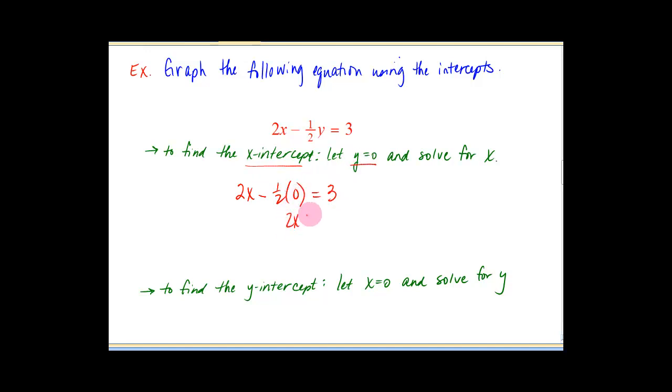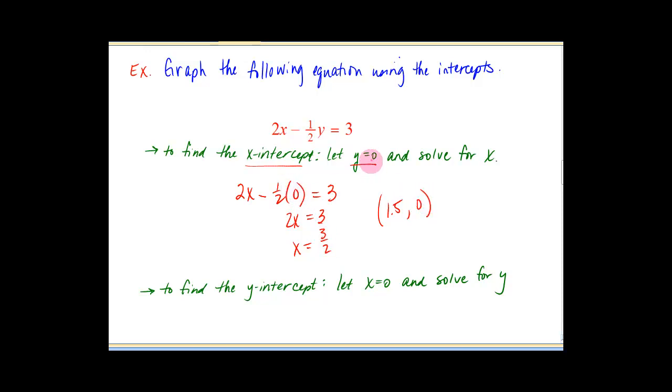So I get 2x is equal to 3, x is equal to 3/2. I'm going to rewrite the solution to be 1.5 or 3/2, whichever you want, 0. 1.5 or 3/2 was x, and y is 0.